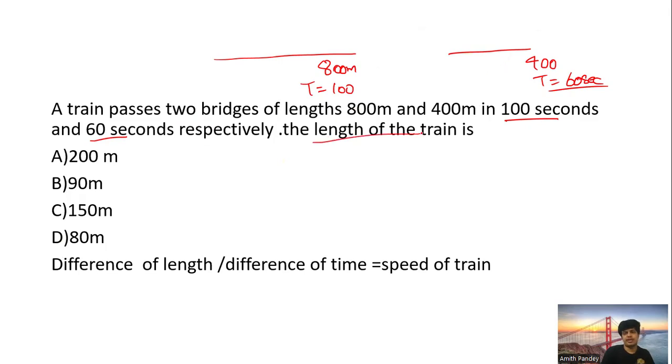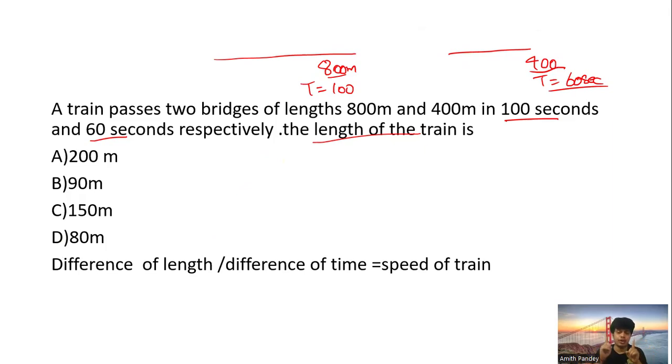Then the length of the train. So, first we need the speed. Why? Because as I told you, if there are three parameters, we need at least two of them. So, in order to find the speed, what is the formula? Distance by time. That is the length of the bridges. But here, why are we taking the difference?